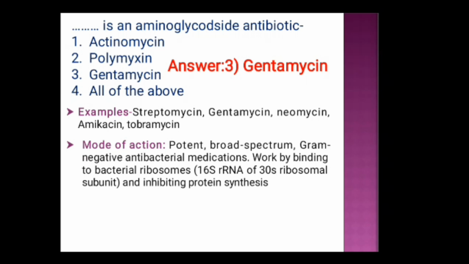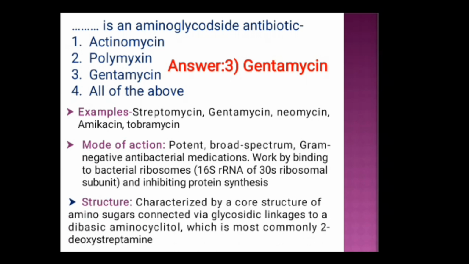They work by binding to bacterial ribosome, that is 16S RNA of 30S ribosomal subunit, and inhibit protein synthesis. The structure is characterized by a core structure of amino sugars, which is connected via glycosidic linkage to a dibasic aminocyclitol, which is most commonly 2-deoxystreptamine.